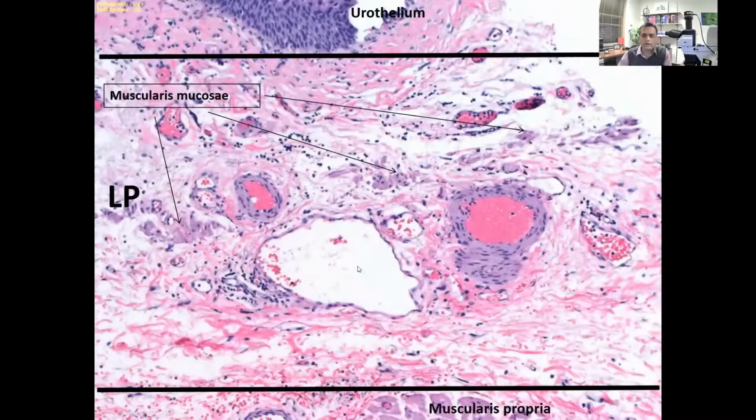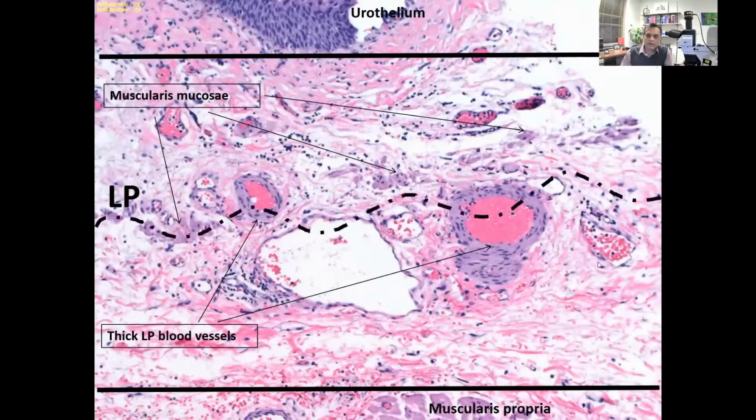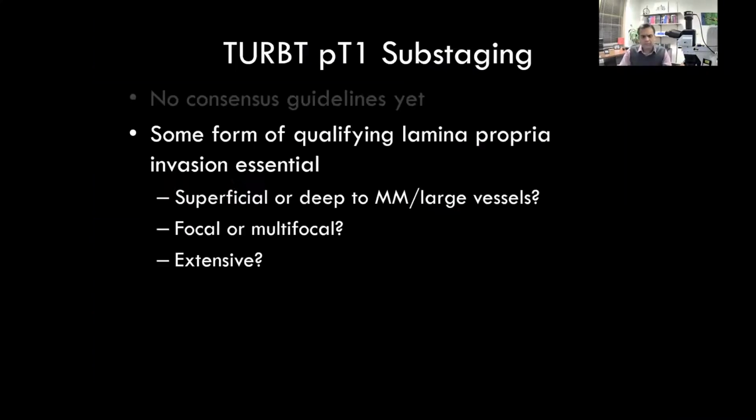And then there is also another anatomical structure which could be useful in the setting, which is the thick-walled blood vessels, which you typically find somewhat in a loose association with the muscularis mucosa bundles. So you kind of draw an artificial line which separates layer above these two structures, which would be superficial lamina propria, and a layer below the structure, which would be deep lamina propria.